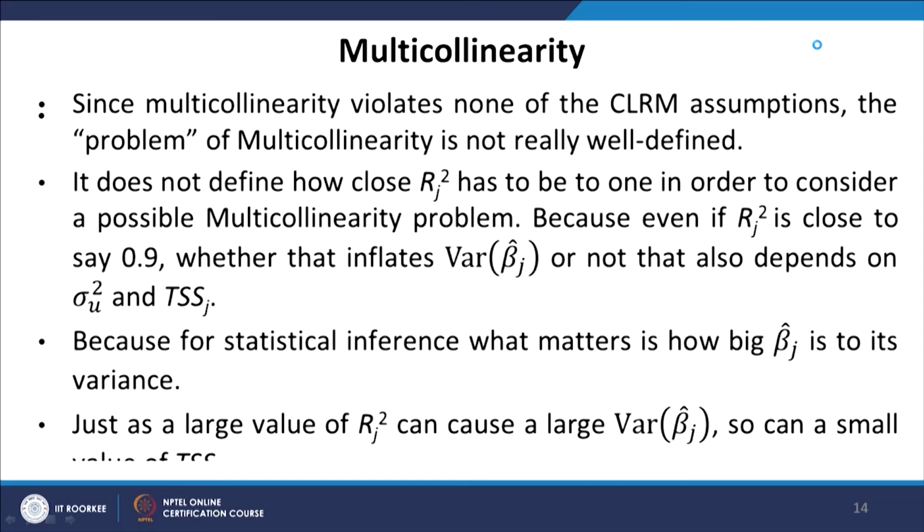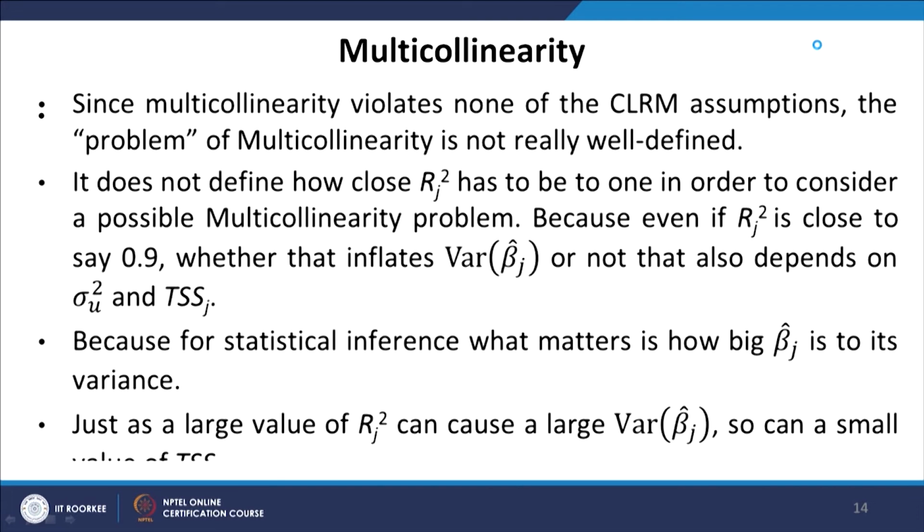Because for statistical inference what matters is how big beta j hat is relative to its variance, just a large value of R j square cannot always lead to a large variance of beta j hat. It is possible that even if R j square is large, the variance of beta j hat is small because of the other two factors.